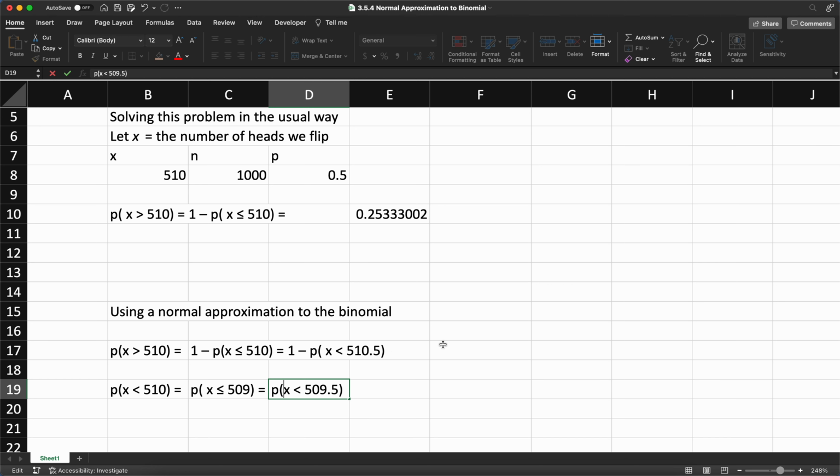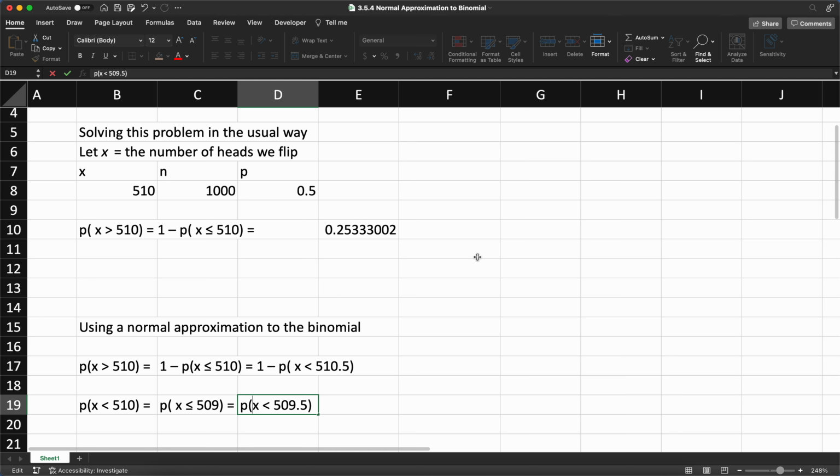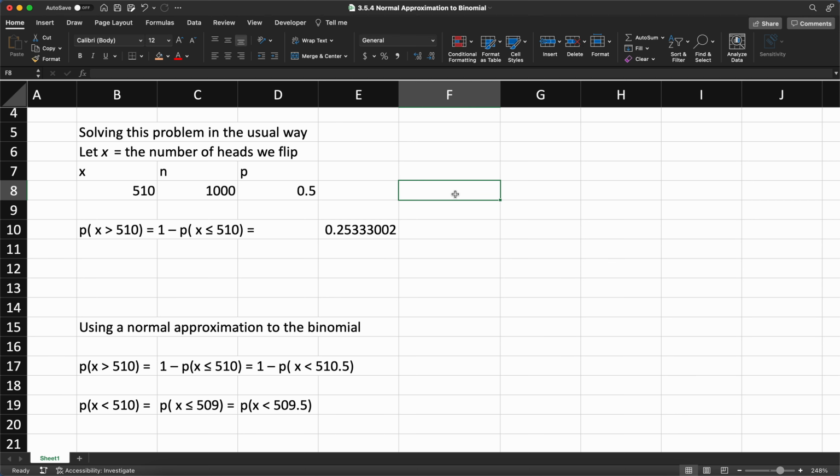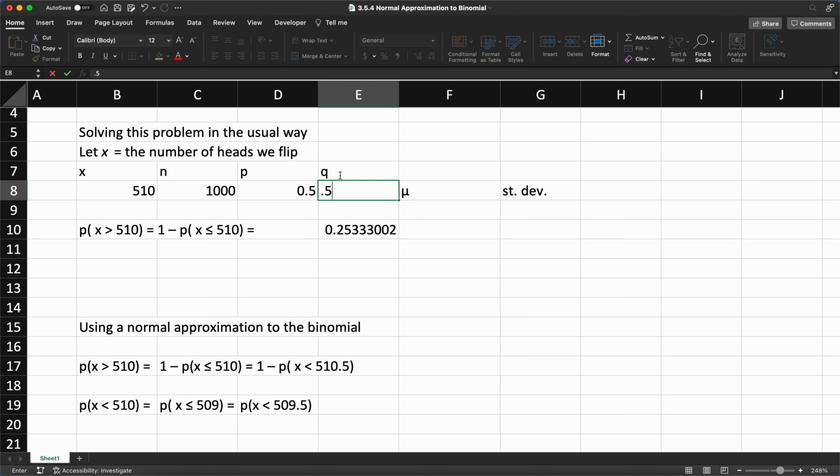So now what do I do with this 510.5? Well, first we need to calculate a couple other things. I need to know what the mean and the standard deviation of my data set is. Remember, if we know what Q is, the probability of failure is the same as success with a coin. But mu is going to be n times p, the number of trials times the probability of success.